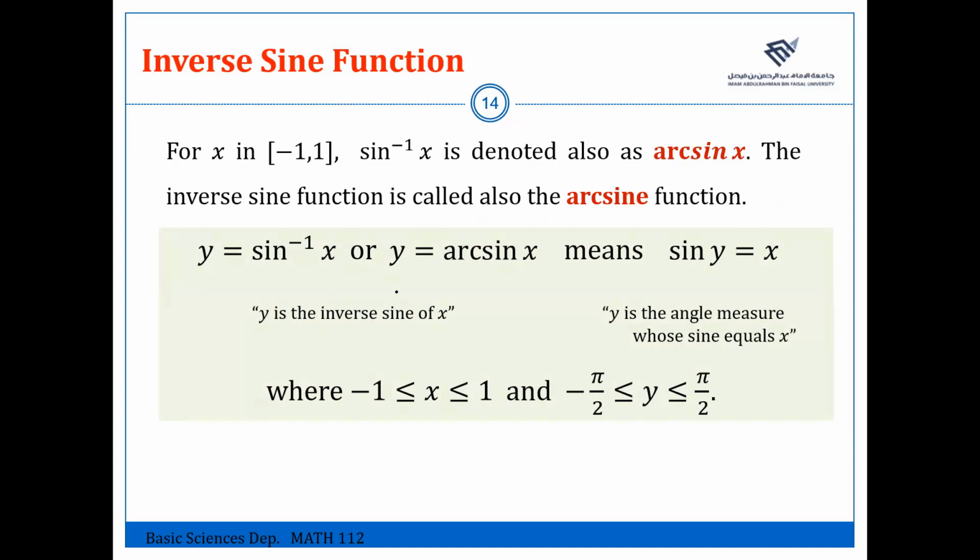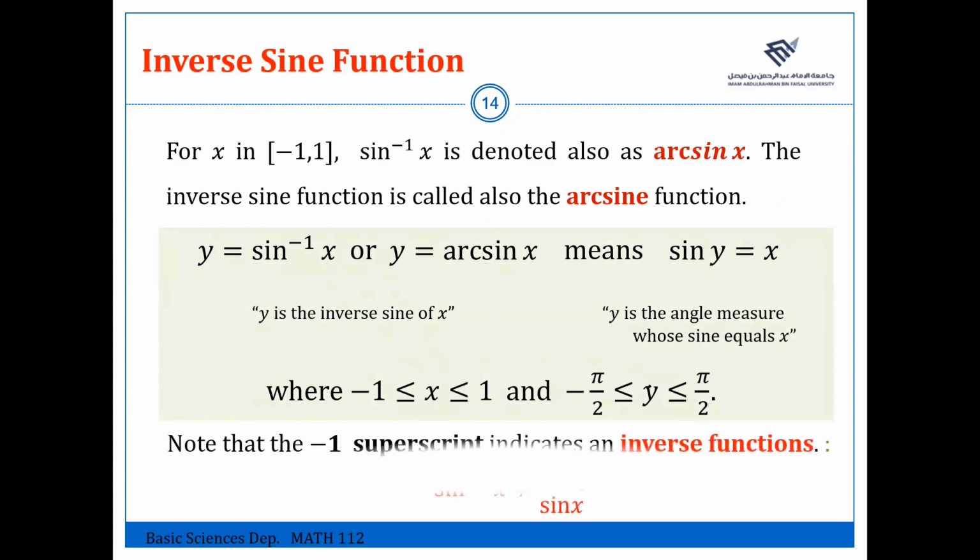So interchange x and y. This is the value of the input for sine inverse, and this is the value of the output. This is the domain, this is the range. And as I said in the first lecture, in the section about trigonometry when we defined the trigonometric ratios, cosec is totally another function, different from sine inverse. So this is the inverse. This is a notation.